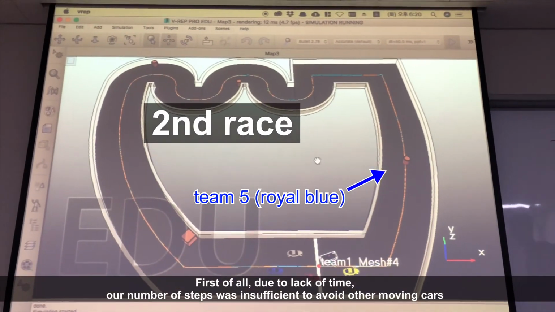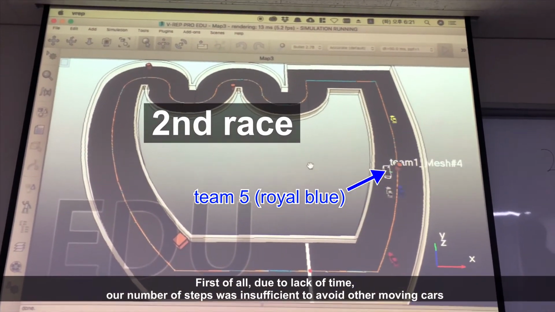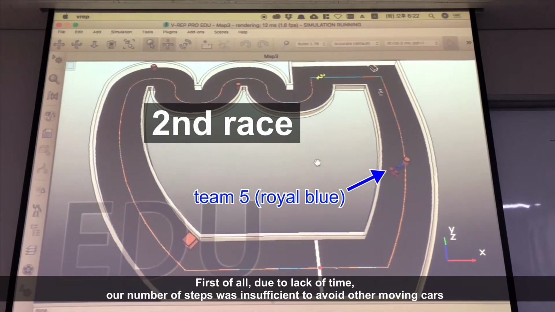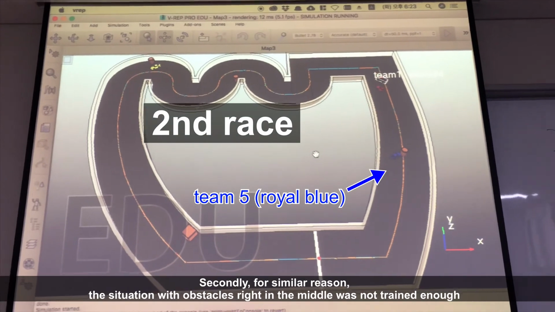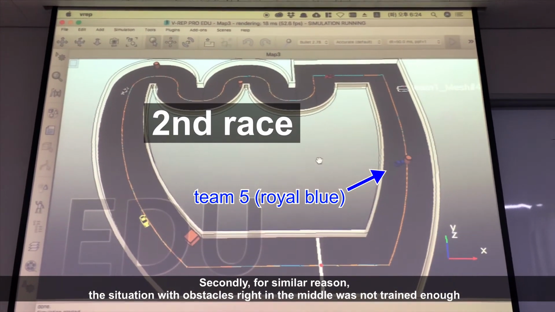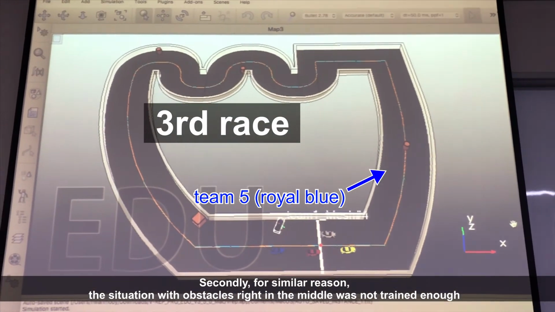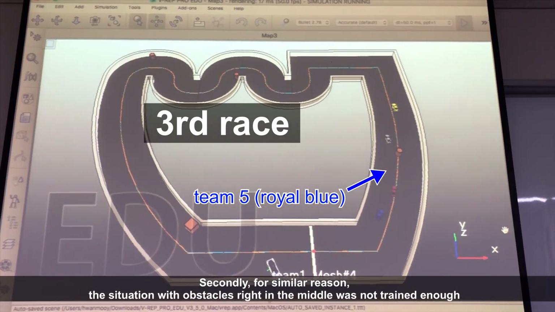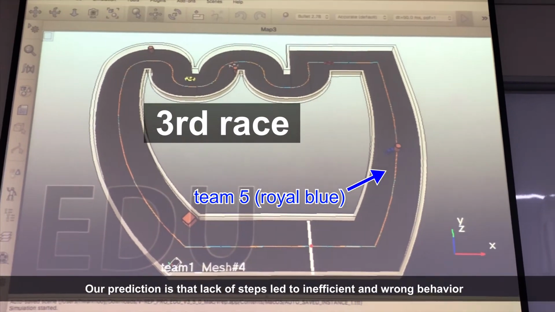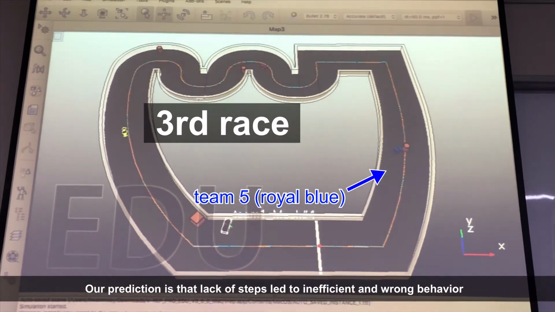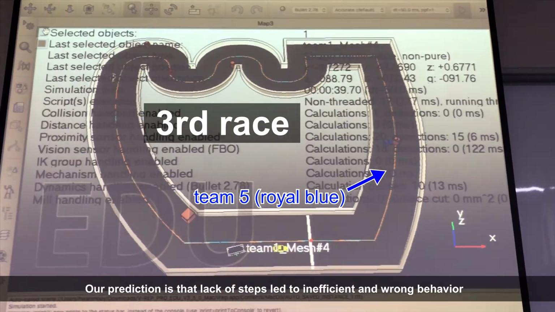First of all, due to lack of time, our number of steps was insufficient to avoid other moving cars. Secondly, for similar reason, the situation with obstacles right in the middle was not trained enough. Our prediction is that lack of steps led to inefficient and wrong behavior.